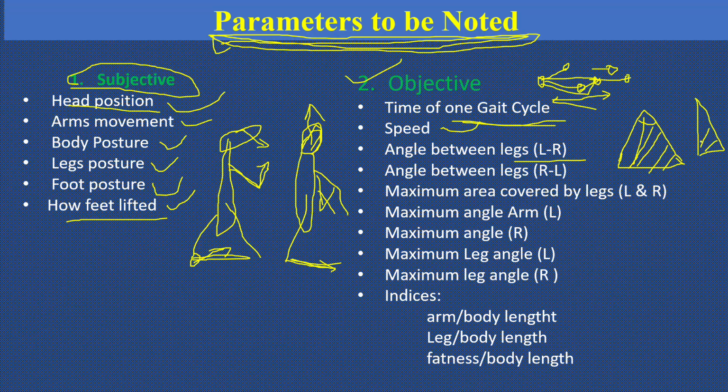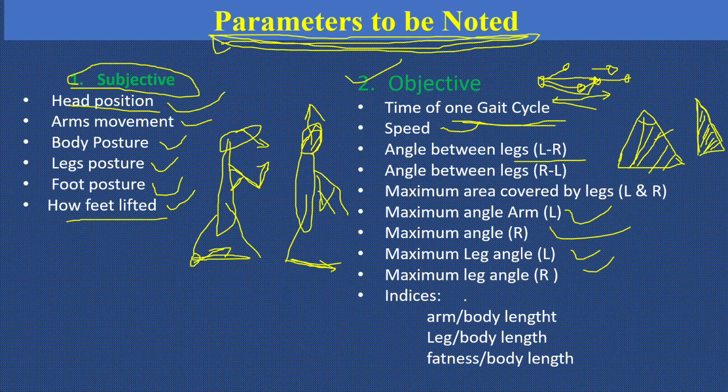So the step length may be different. This depends on the step length or the length of the legs also, but the area may be noted. Maximum area covered, maximum angle, how the arm is lifted, maximum arm angle, maximum leg angles, etc.